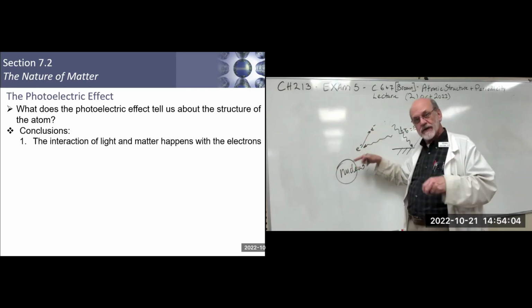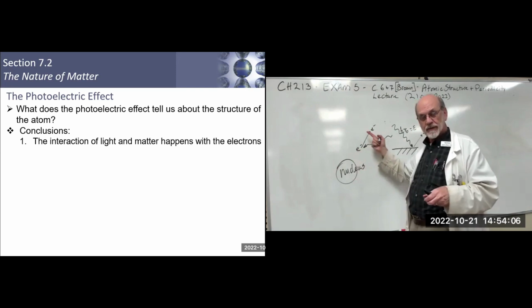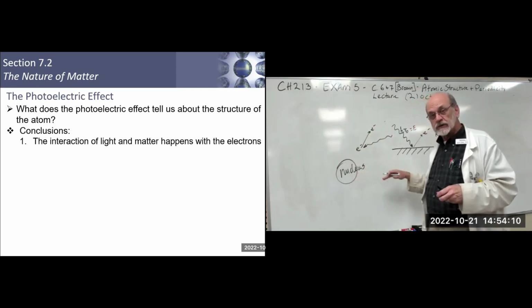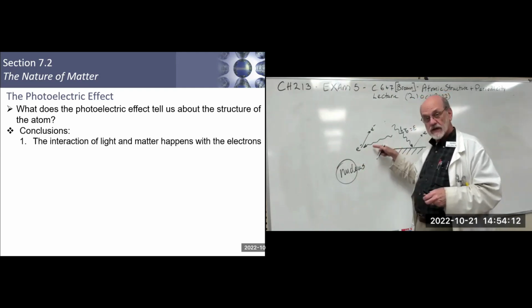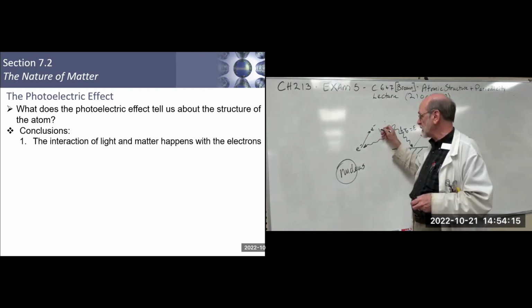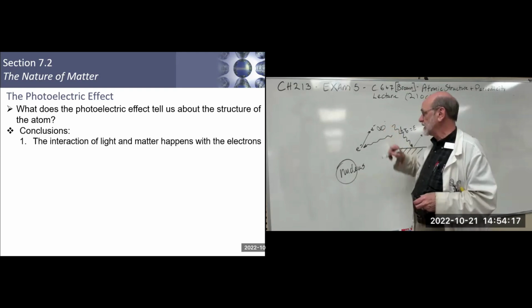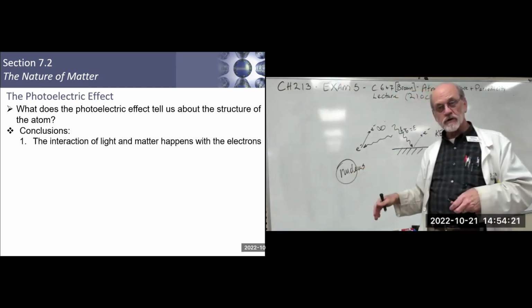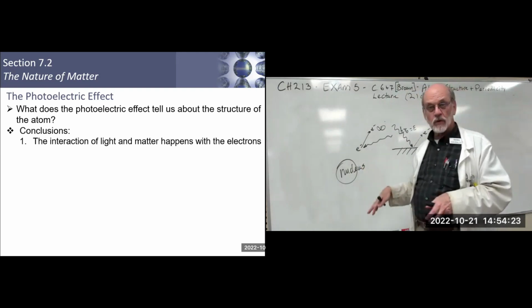So you got to give it enough energy to get away from the protons. So that's why these are higher energy levels than these. Ultimately, if this has enough energy, then this electron will be promoted to a distance of infinity relative to the nucleus. In other words, it's not attached to the atom anymore.